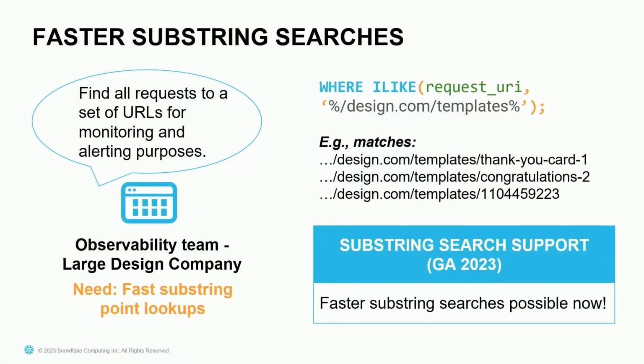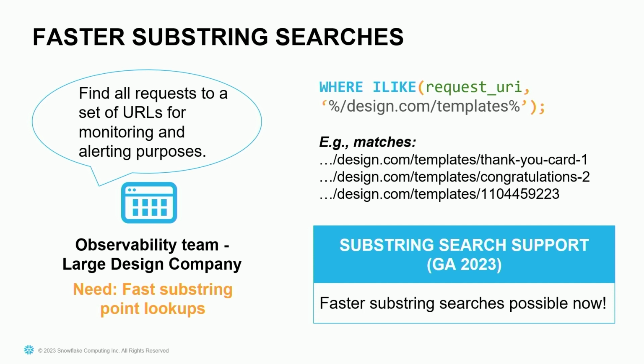Faster substring searches. Substring searches are one of the most common use cases that customers have in Snowflake. For example, an observability team in a large design company wanted to find all requests that match a family of URLs. They wanted to do this to set up alerts and monitoring.